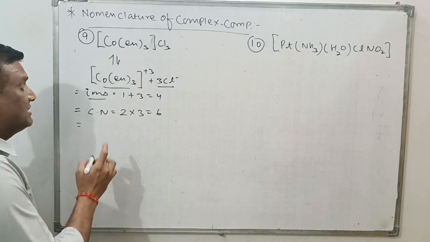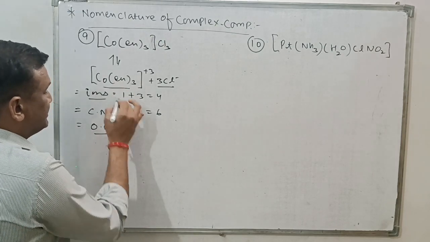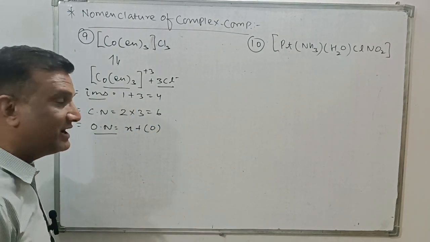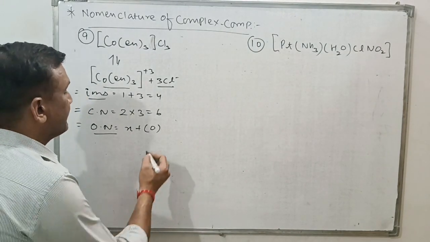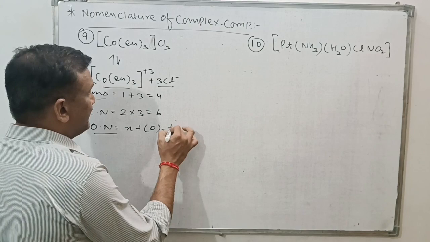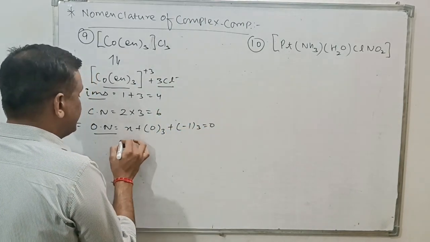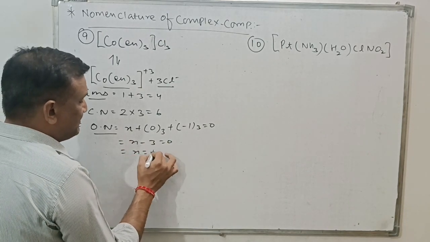Now we'll go with the oxidation number. The oxidation number of en is 0 because it's a neutral bidentate ligand, ethane-1,2-diamine, or you can call it ethylenediamine. So 3 Cl, each minus 1, gives minus 3. So X minus 3 equals 0, that is, X is equal to plus 3.